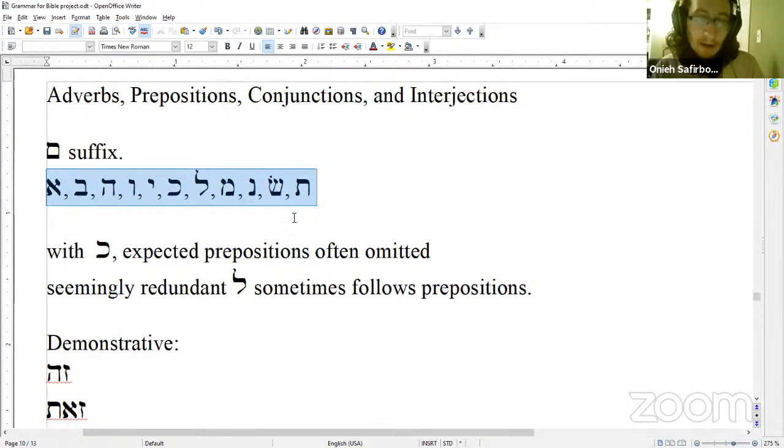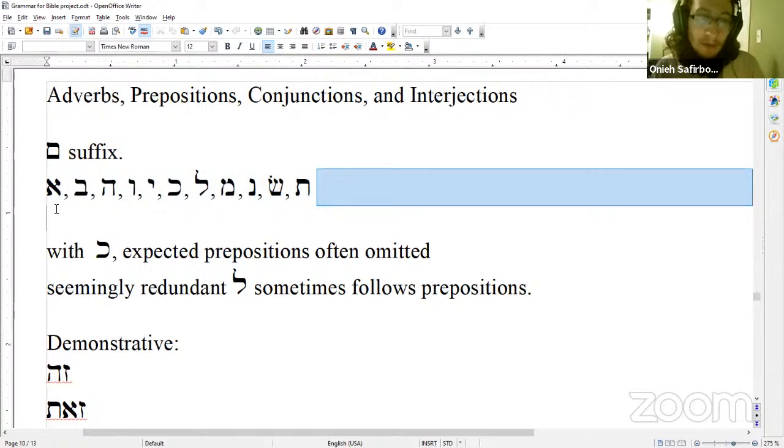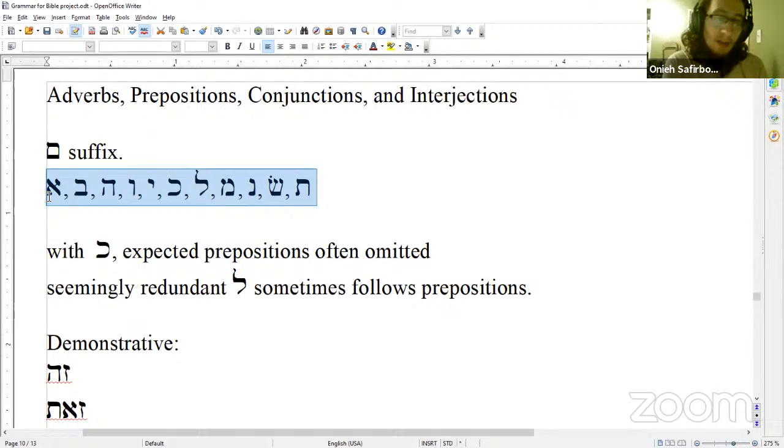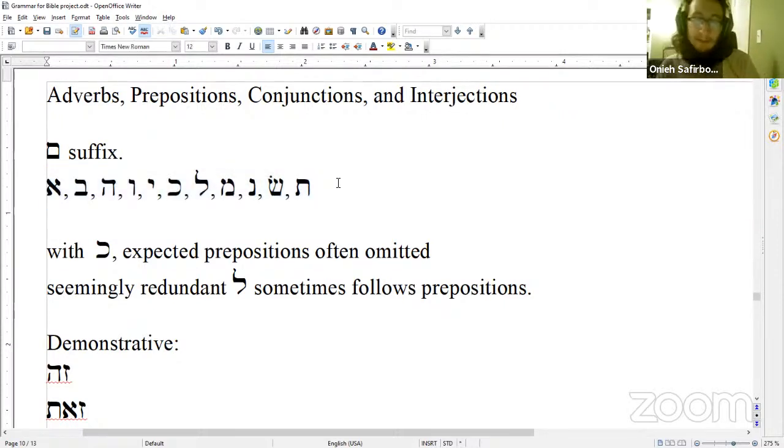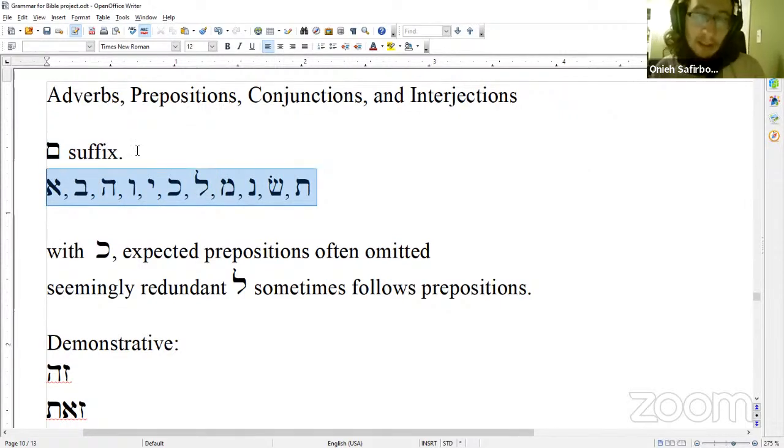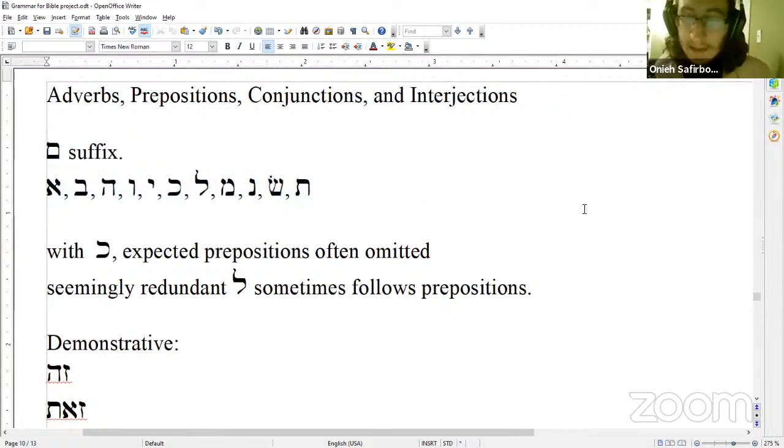These are servile letters because they can be added to the beginning, end, and or middle of a word to change the meaning of the word. So we're going to take a look and see what instances this can happen. Now I'm going to stop using the document and I will share from a PDF file.